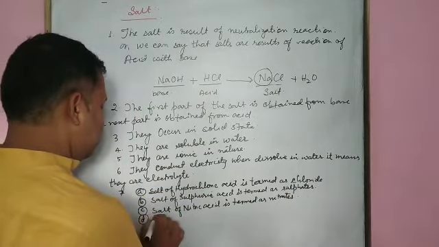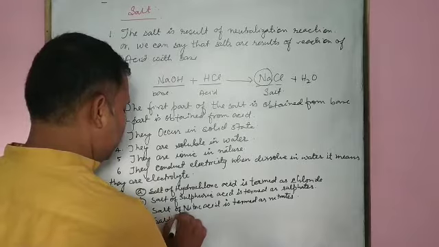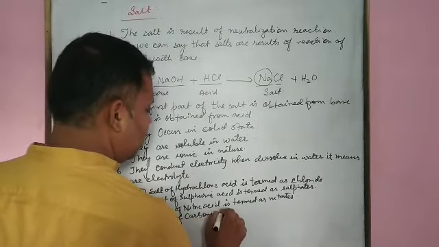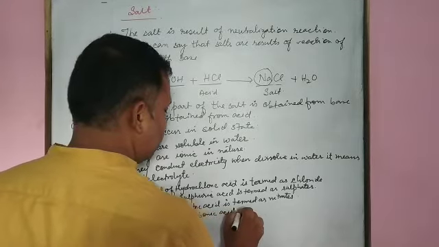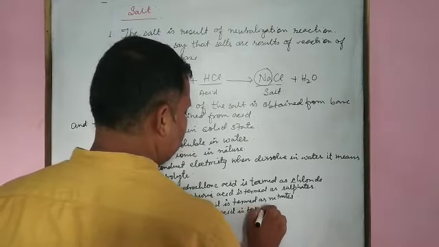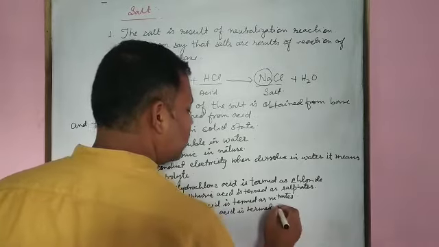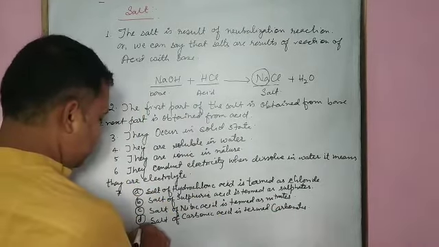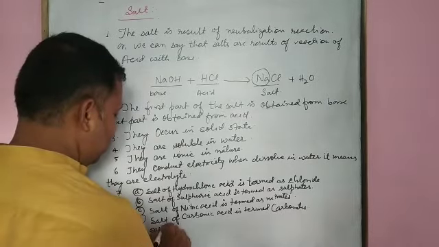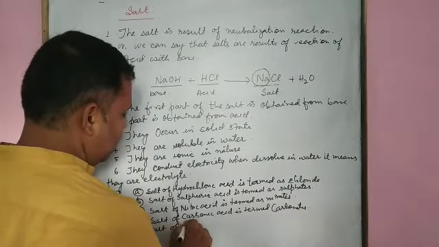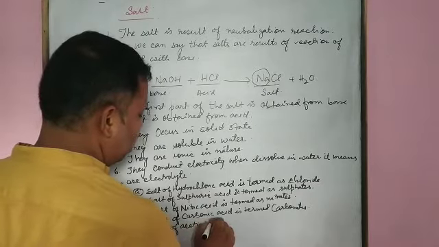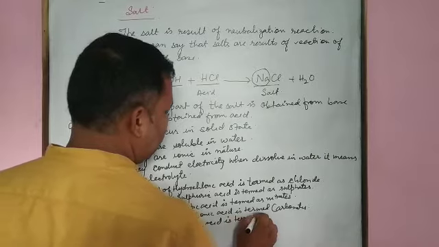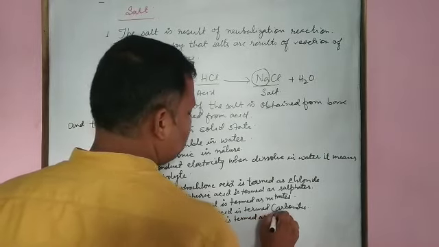Next one, salt of carbonic acid is termed as carbonates. Salt of acetic acid is termed as acetates.